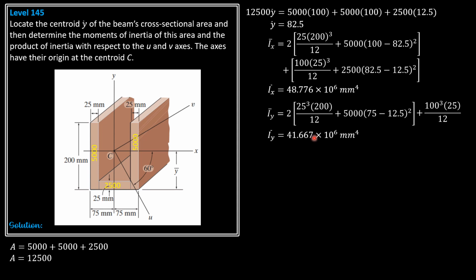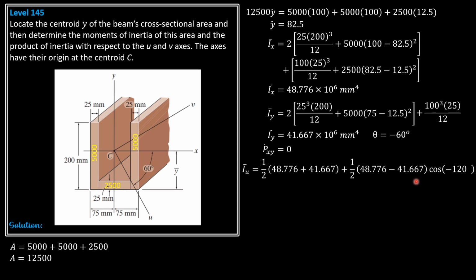Then Īu. Remember, 2θ is negative 120 degrees, so θ is negative 60 degrees. The product of inertia is 0, by the way, because this U-shaped section has an axis of symmetry. So Īu is 1/2 times the quantity 48.776 plus 41.667, plus 1/2 times the quantity 48.776 minus 41.667 times cosine of negative 120 degrees, then plus 0.